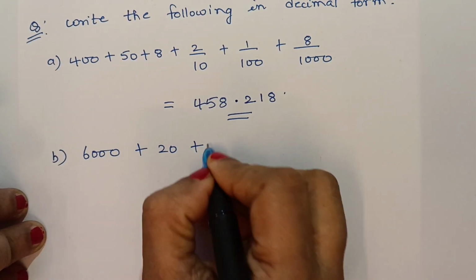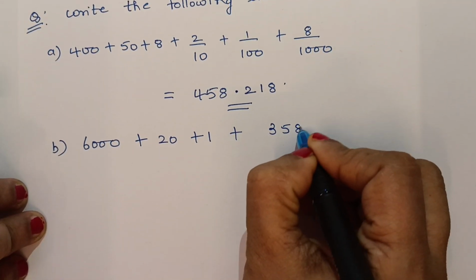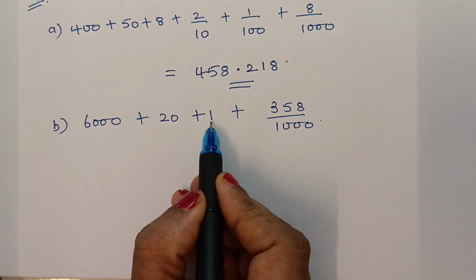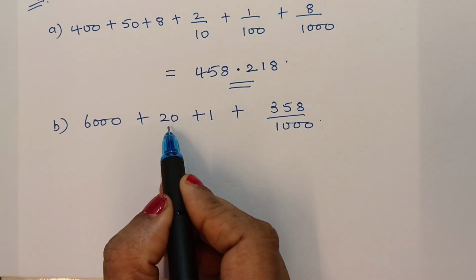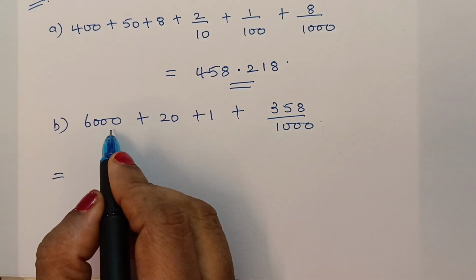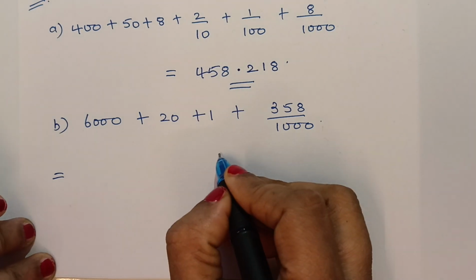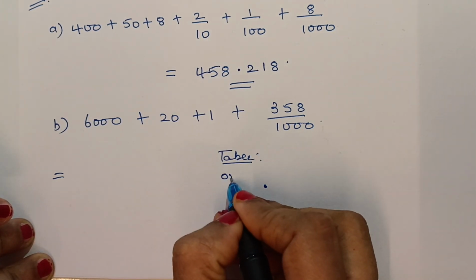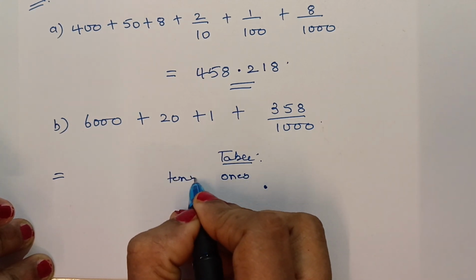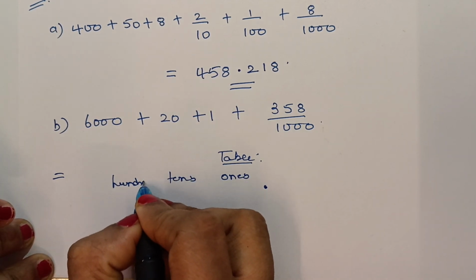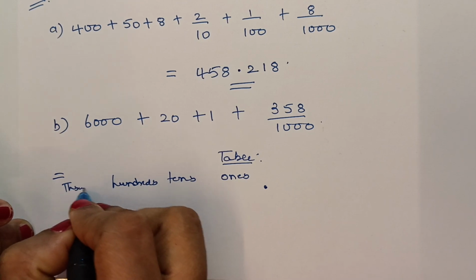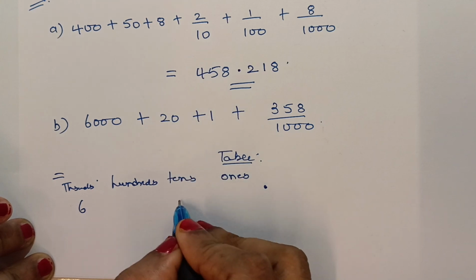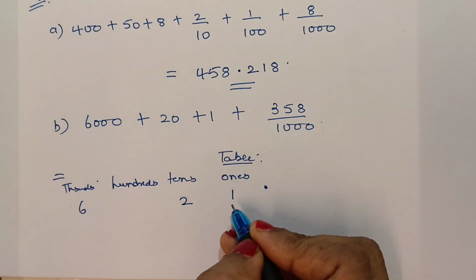6000 plus 20 plus 1 plus 358 divided by 1000. So let's see how to do this. Ones place, tens place. Are you understanding? Now the hundreds place is not given. Okay, let's see this sum with the help of the table. Decimal point, ones place, tens place, hundreds place, and after that thousands place, correct? 6 is in the thousands place, 2 is in the tens place and 1 is in the ones place.